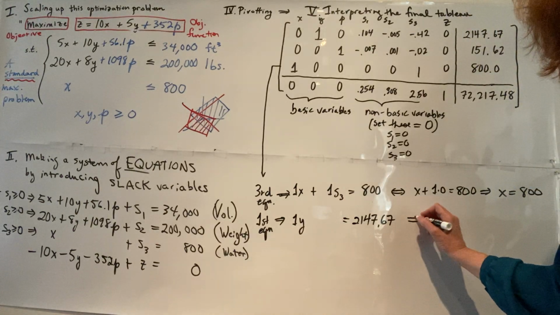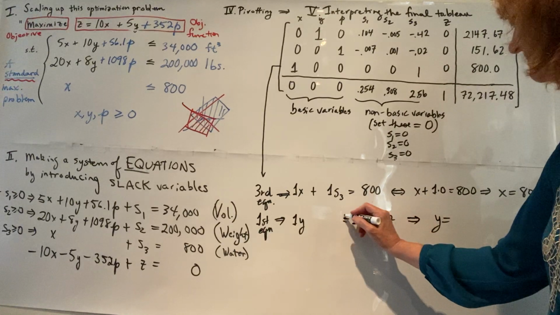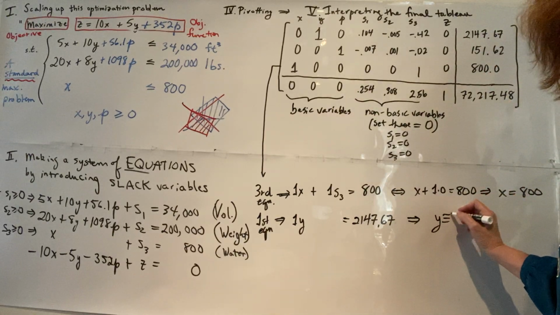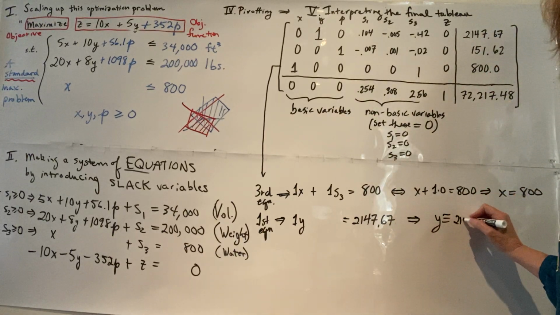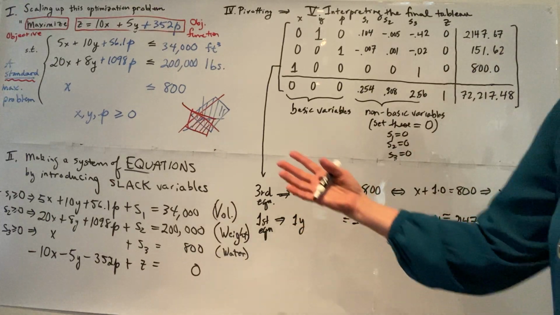Well, that just means that y is, and this is approximation. By this point, after all the pivoting, you know that this is approximation. Y is approximately 2147.67. Now to interpret, what did y stand for?